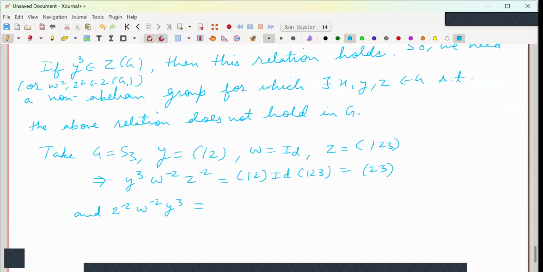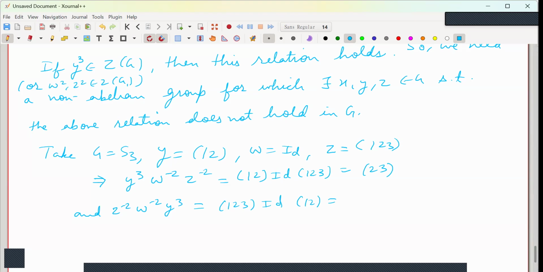There is a possibility that we are at the right example. So z minus 2 is (1 2 3) raised to minus 2, which is (1 2 3) itself. This is identity. And y cube is just (1 2). So if (1 2) commutes with (1 2 3), then we are gone. But in S3, we know that (1 2) does not commute with (1 2 3).